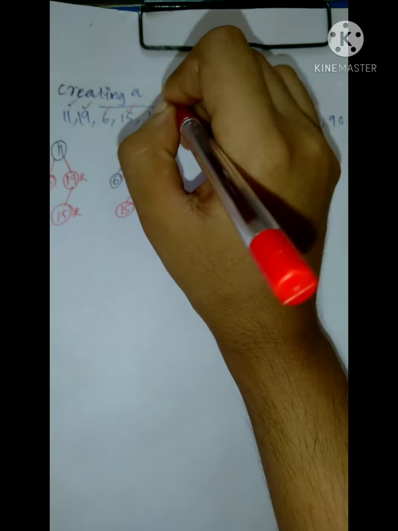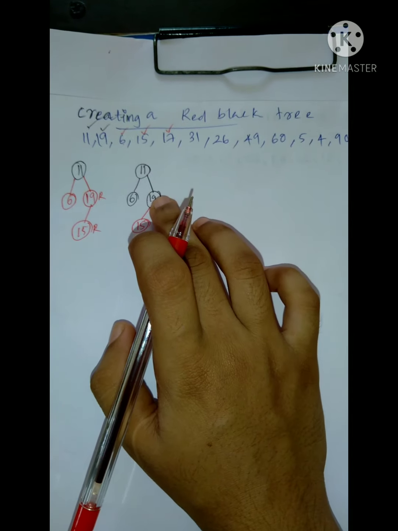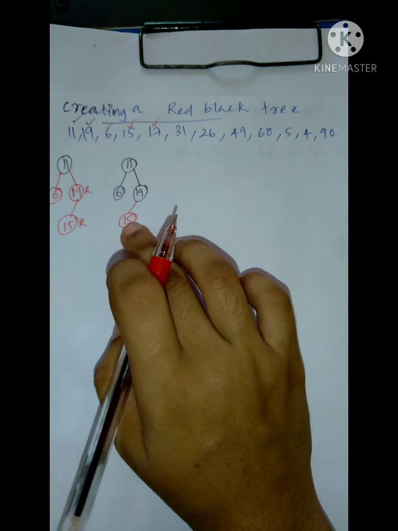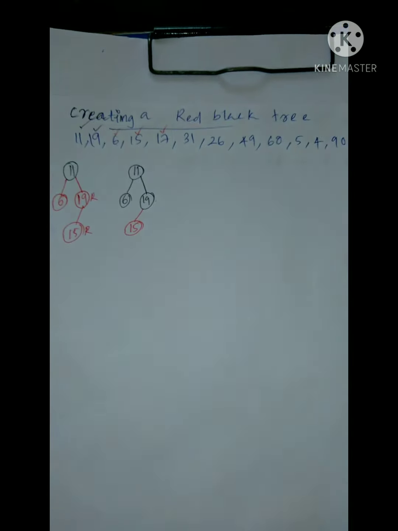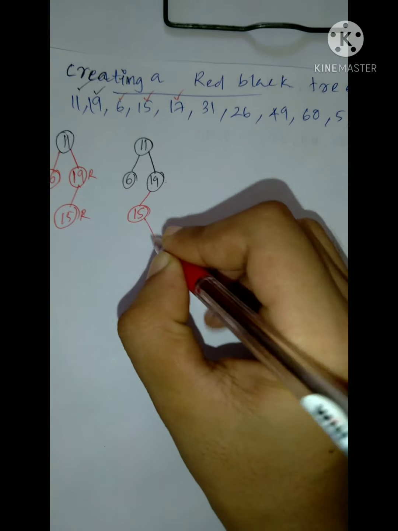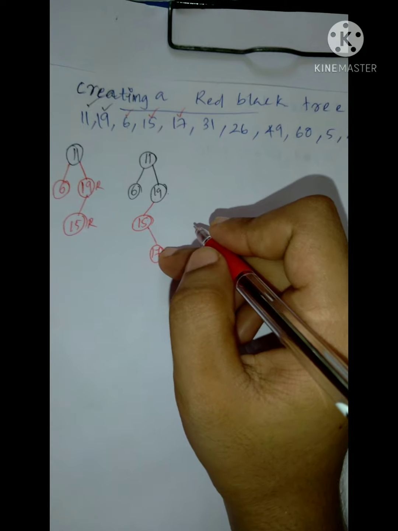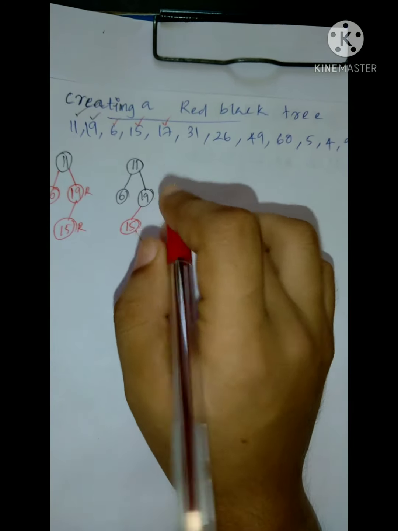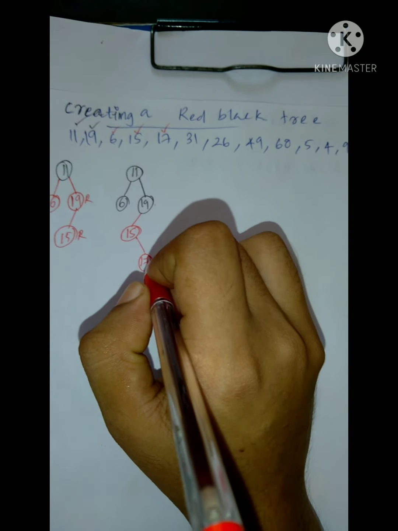Then next, 17. 17 will come at the right of 11, and it is a new node. It will come at the right of 15 because 17 is greater than 15, and 17 is not greater than 19, so it cannot be placed there, so it comes here.